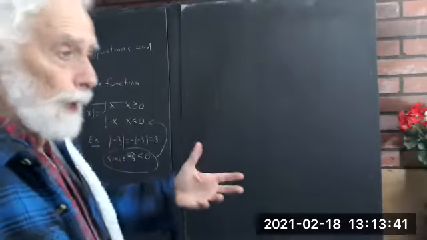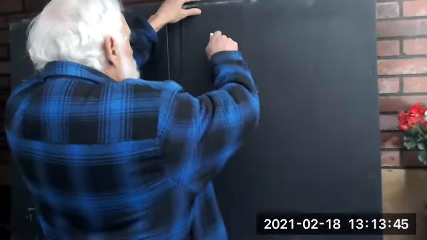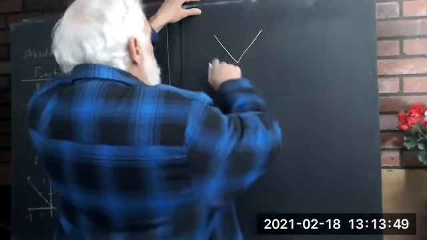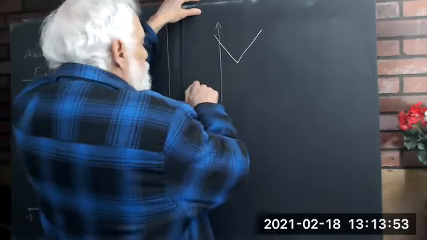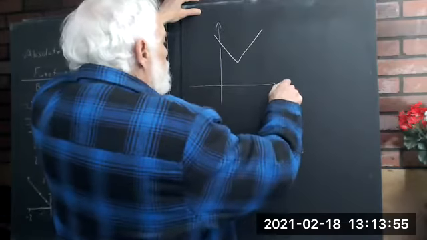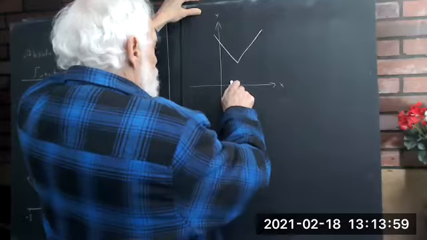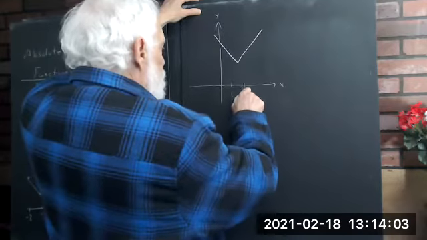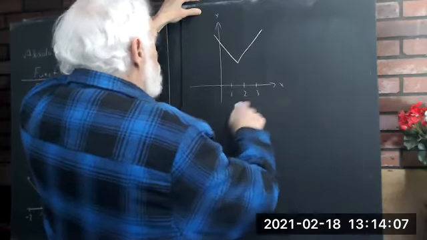Now, if you're given the graph of an absolute value function, so I'm just going to draw a graph, and then I'm going to draw a set of x and y axes. And I'm going to put 1 here, 2 here, 3 here, and so forth.